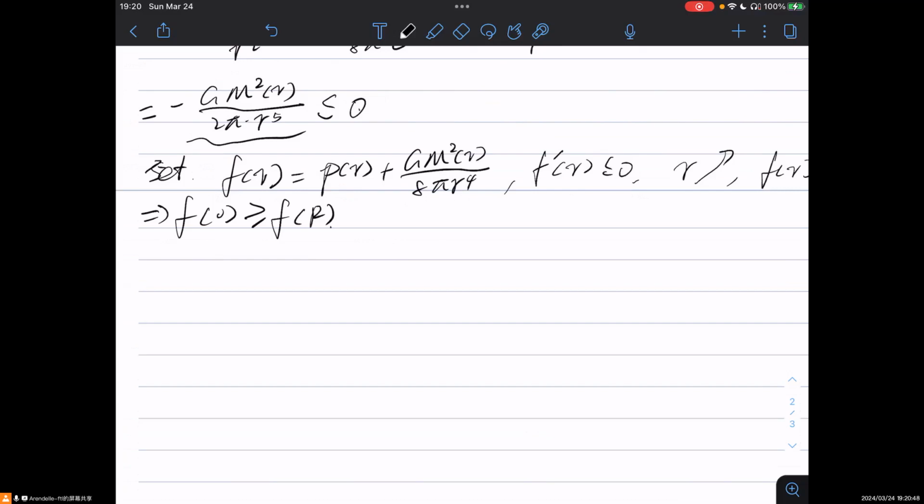So let's use this relation to infer the inequality for the pressure at the center of the star, P0.